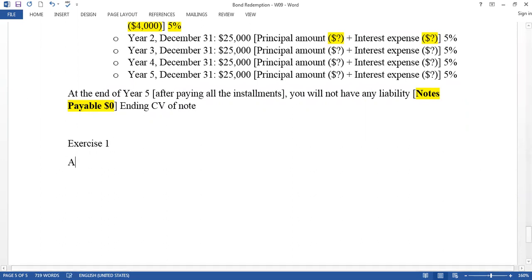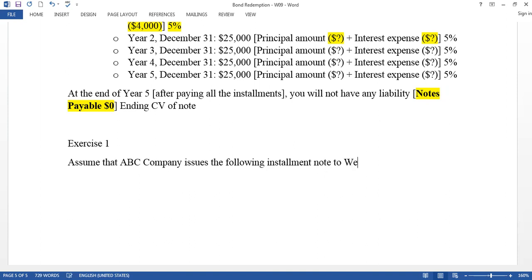So assume that ABC company issues the following installment note to Bank of Onjo.